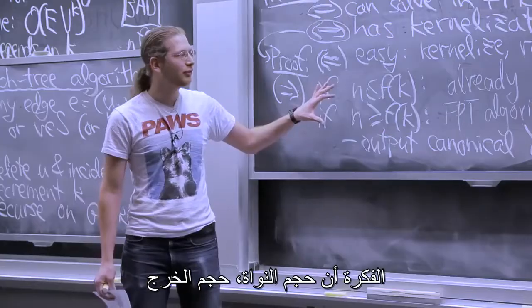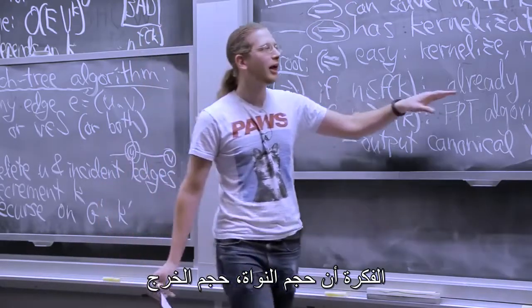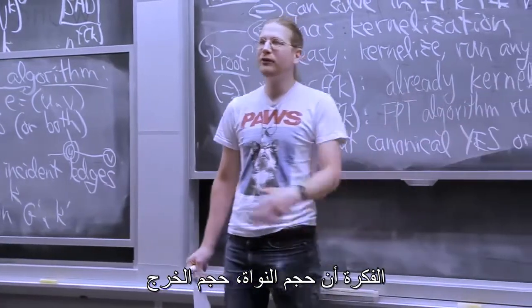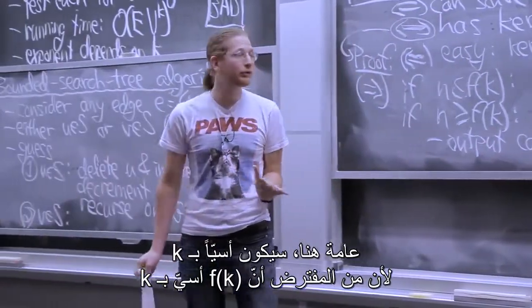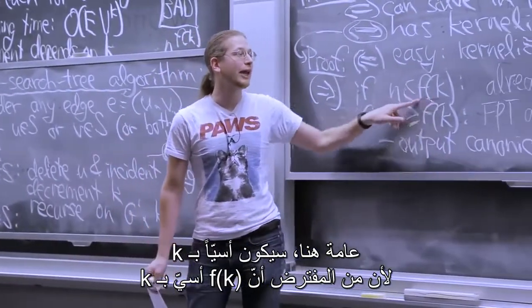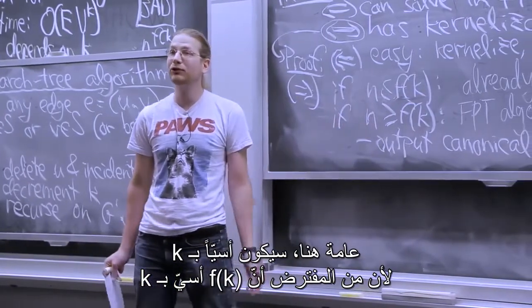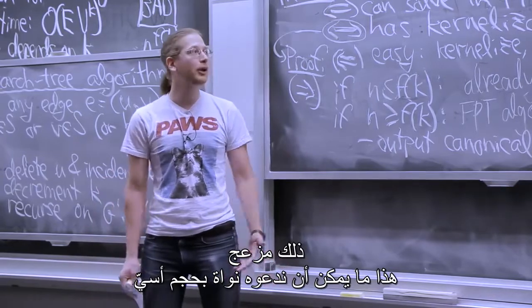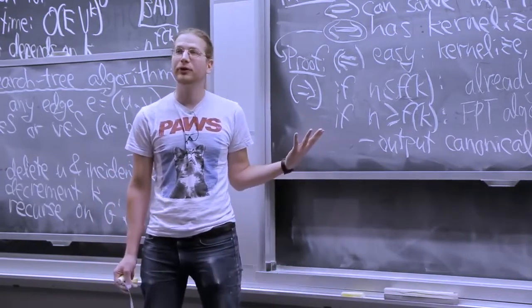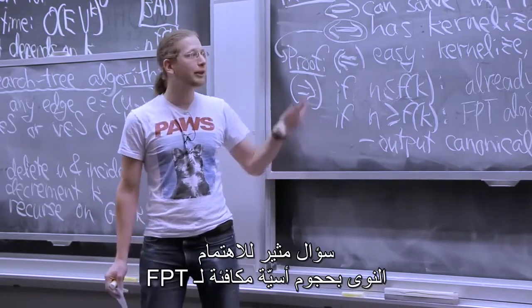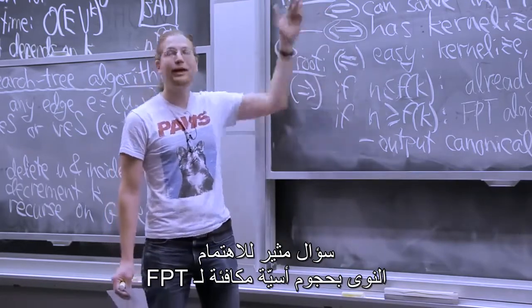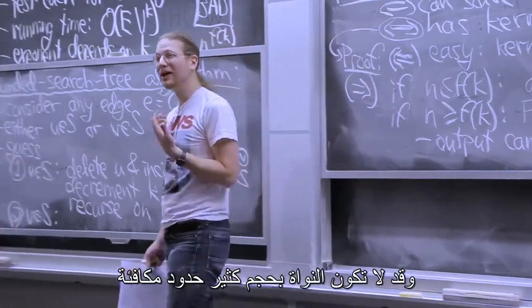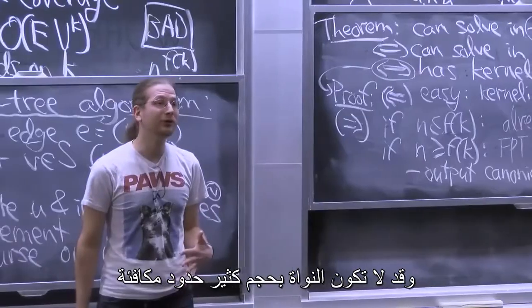The catch is that the size of the kernel, the size of the output, in general here is going to be exponential in k, because f of k presumably is exponential in k. That's annoying. This is what you might call an exponential size kernel. So exponential size kernels are equivalent to FPT. Something that may not be equivalent is a polynomial size kernel.